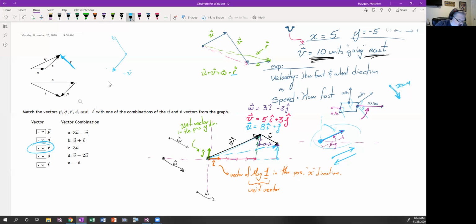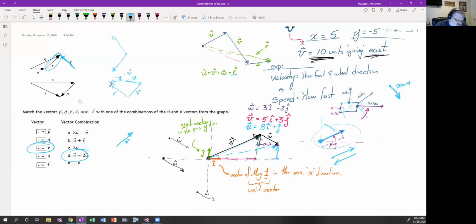Negative V would go that way. What about V minus 2U? So if we took V and then minus U, so that's V, and then minus U, minus another U, that would give us R, right? So this V minus 2U: V is a vector that goes that way, because that's what they tell us V is.